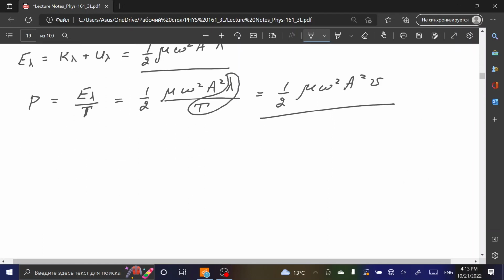So now let us consider so-called interference of waves, when we have superposition, an overlap of two waves.